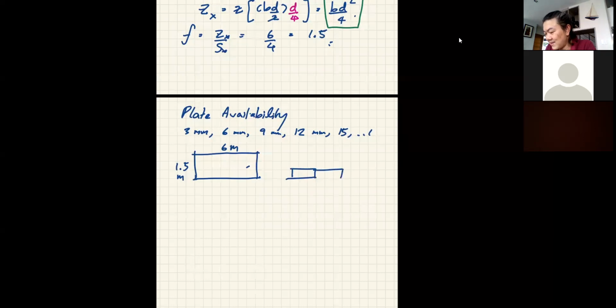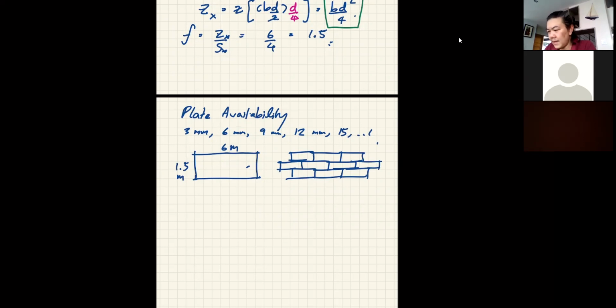So it's like a brick wall, but instead made of 1.5 meter by 6 meter plates. Okay, keep going. And after you know the thickness that you should use from the design, the thickness you order is with the increment of 3.